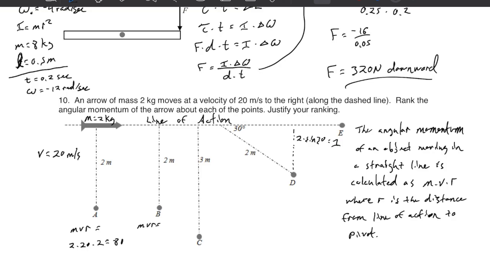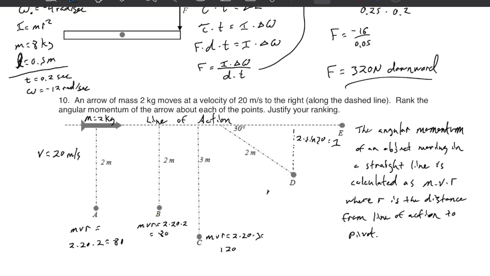For B, looks like it should be the same thing. 2 times 20 times 2, which hasn't changed, it's still 80. For the third one, we would have 2 times 20 times 3, or 120.